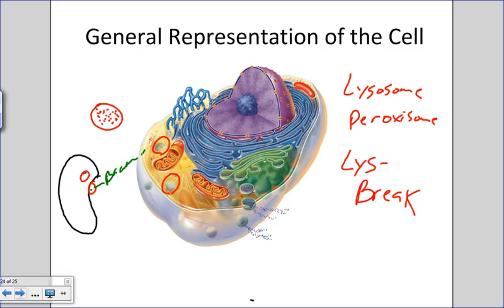Once this phagocyte phagocytizes, or eats, this bacteria, a lysosome is going to fuse with this, and the enzymes inside are going to be released into the phagosome. That's how this phagocyte is going to digest this bacterium or whatever foreign material it consumes.